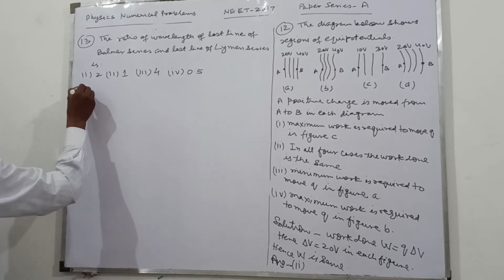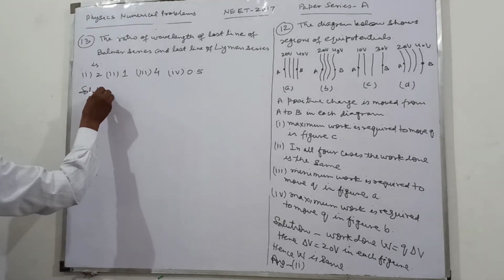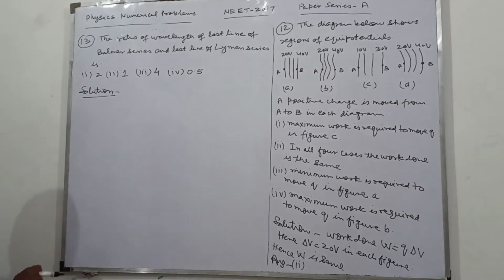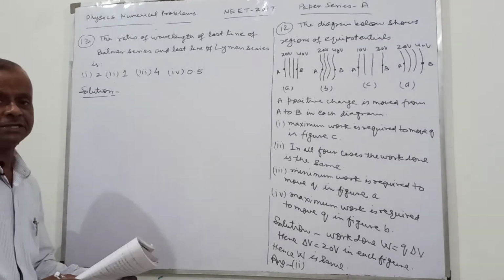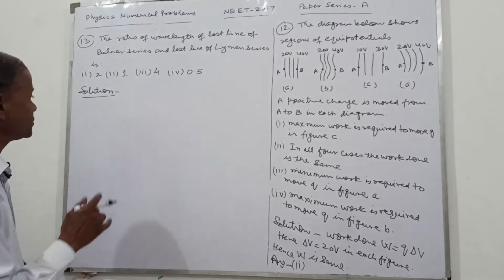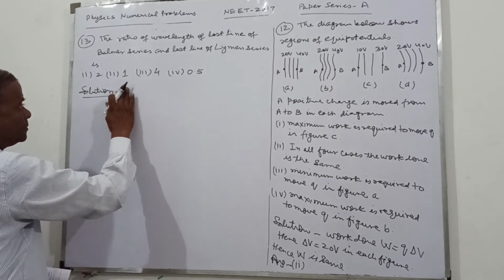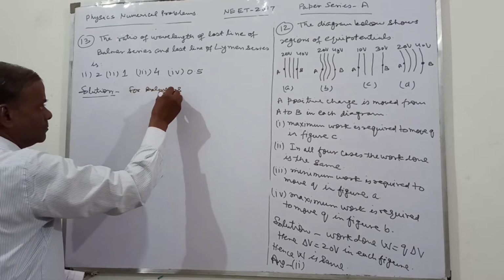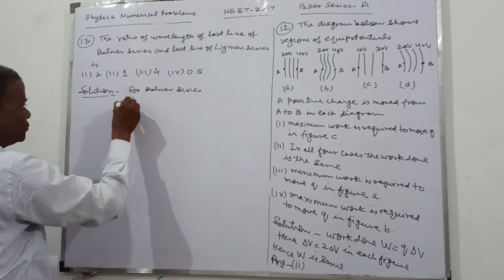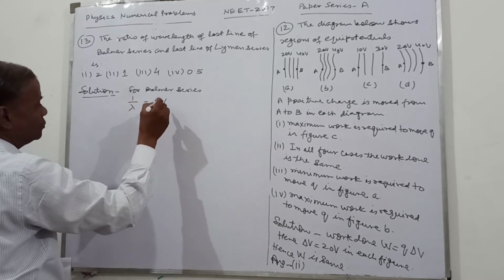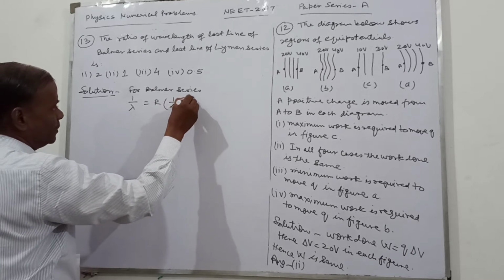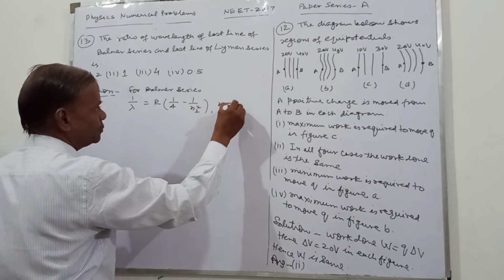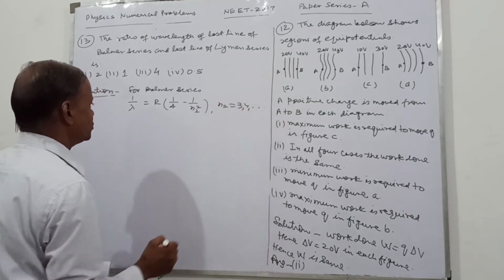So now we have to find the solution. What is this solution? Now you must know the formula of Balmer series and that of the Lyman series. So for Balmer series, 1 upon lambda equal to R into 1 by 4 minus 1 upon n2 square, where this n2 equal to 3, 4, 5, 6 and so on.